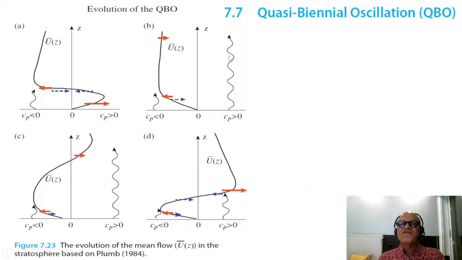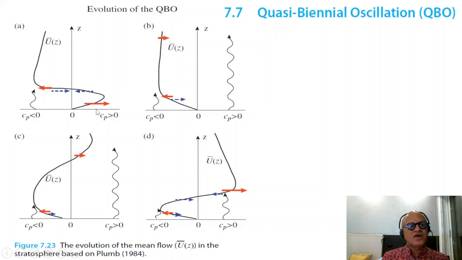The last bit of the chapter just looks at quasi-biennial oscillation as an example of the mean flow and wave interactions. So you have, starting with this structure here, phase velocity being positive in the westerly regime, and you have vertical shear with easterlies here.